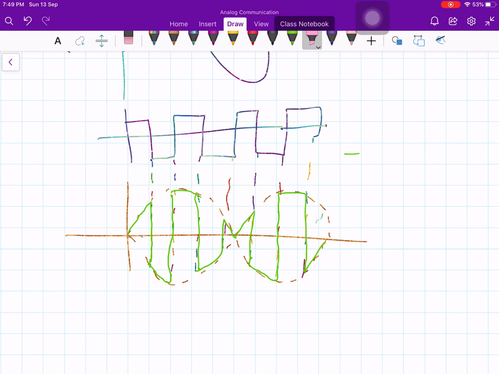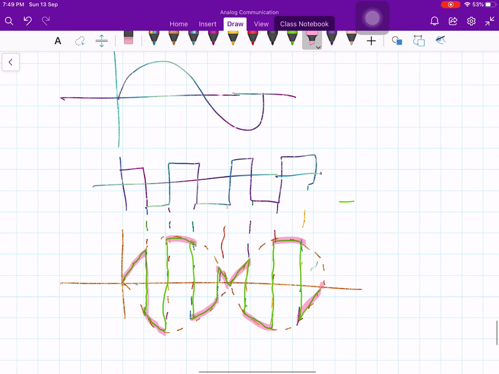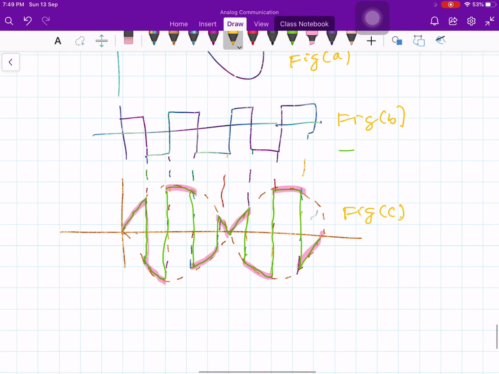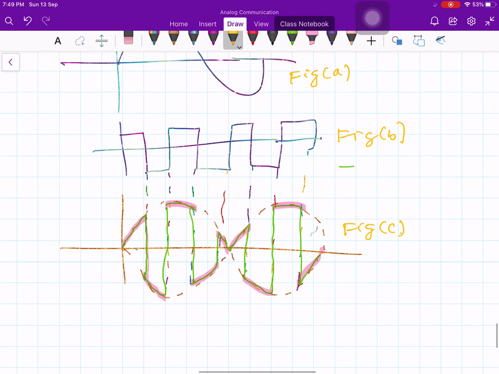It goes like this, come back, then like this, like that. Let me say this is figure A, figure B, and this one is figure C. Okay, if you plot this, it looks like figure C at the output.